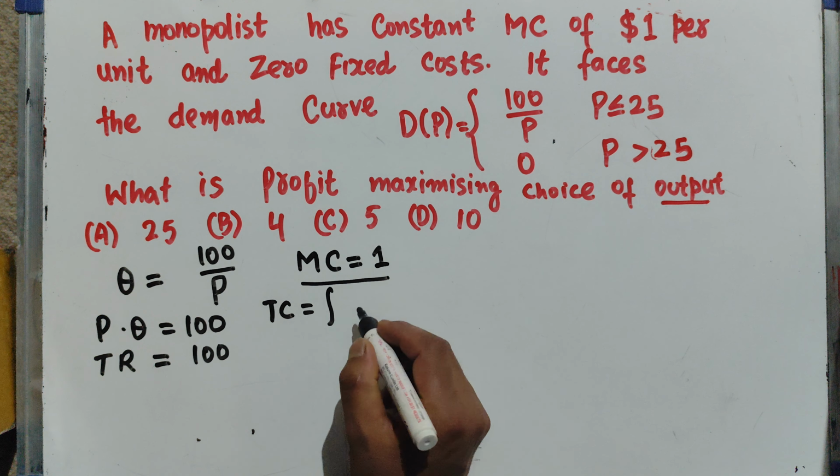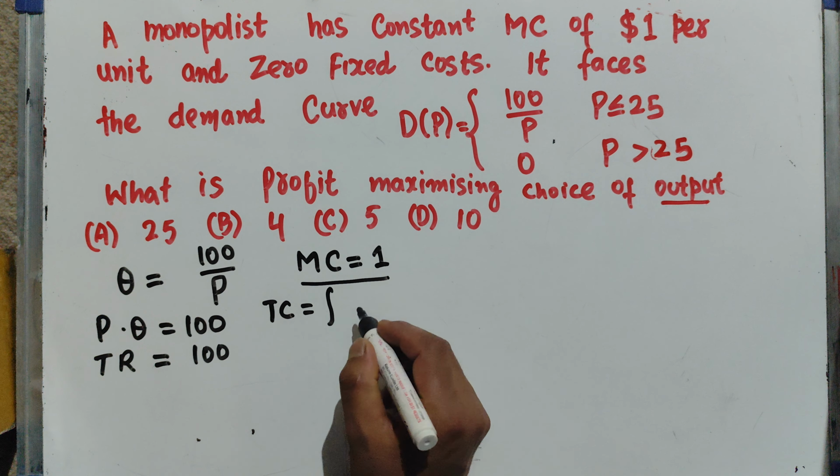Since we know that Q is equal to 100 upon P, which is the demand function given to us, and Q should be minimum to maximize profit, this Q will be minimum when price will be maximum. There is an inverse relationship here.